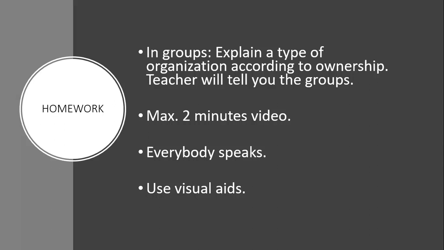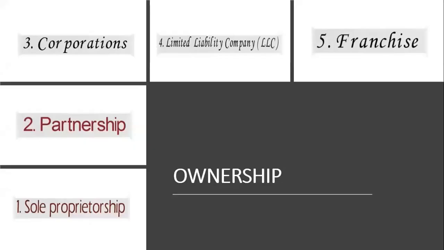So, do you remember the 5 types of ownership of organizations that we studied last week? If not, I can repeat. Last week, I told you that we can classify organizations according to ownership into number 1, sole proprietorship. It means one owner. Partnership. It means 2 or more owners.